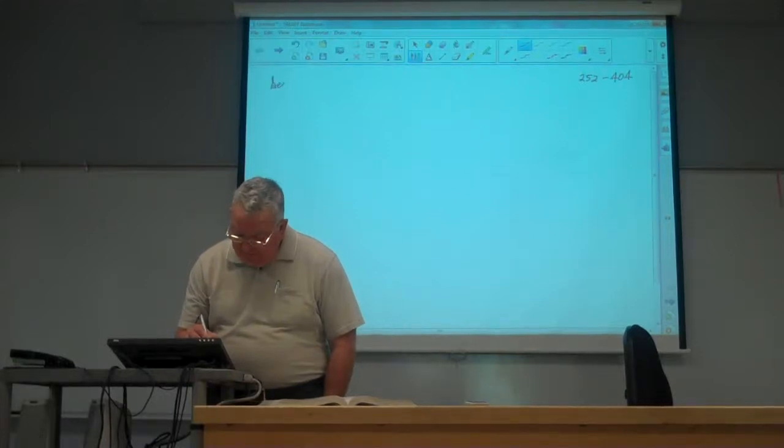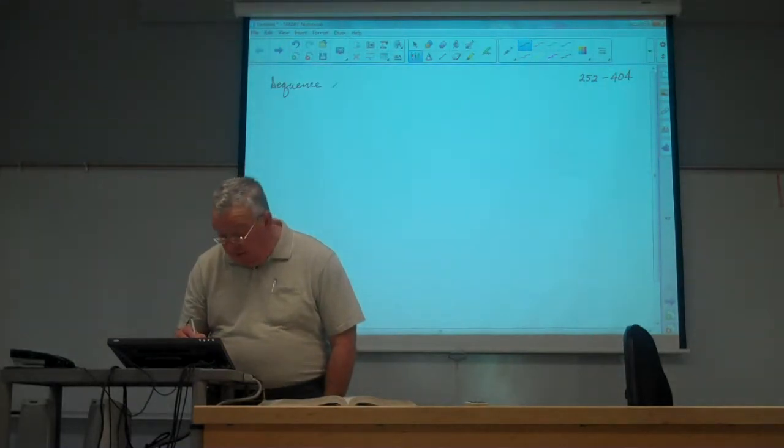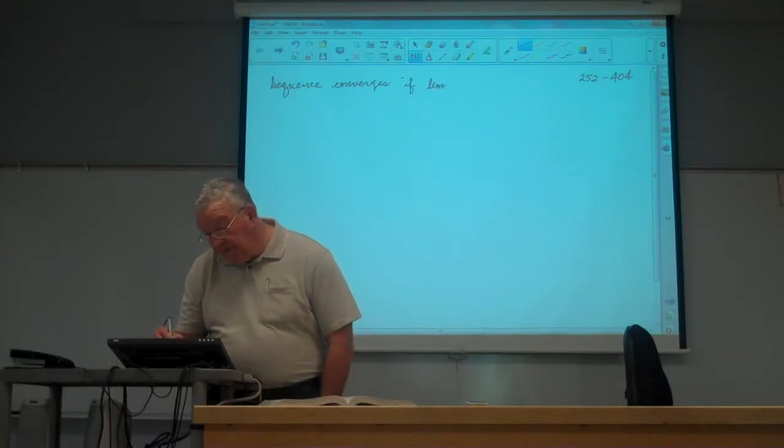Sequence converges if the limit as n approaches infinity of a sub n is equal to 0.